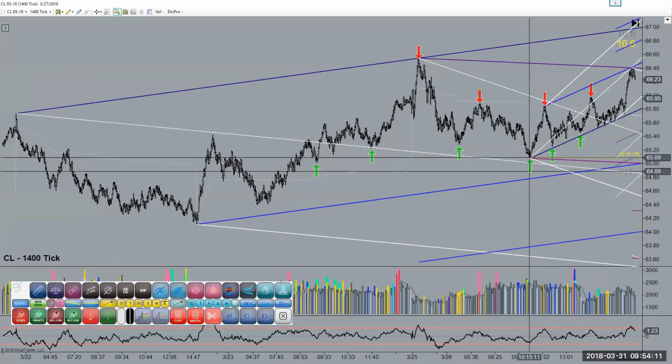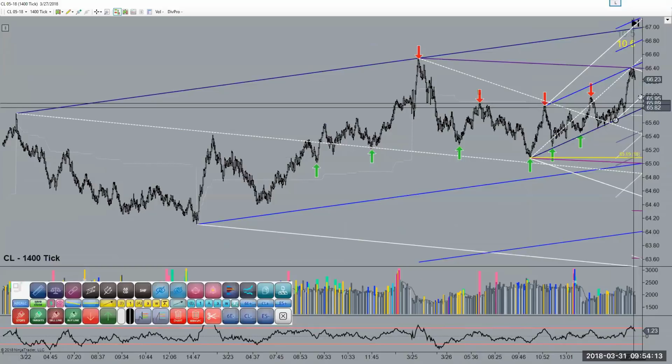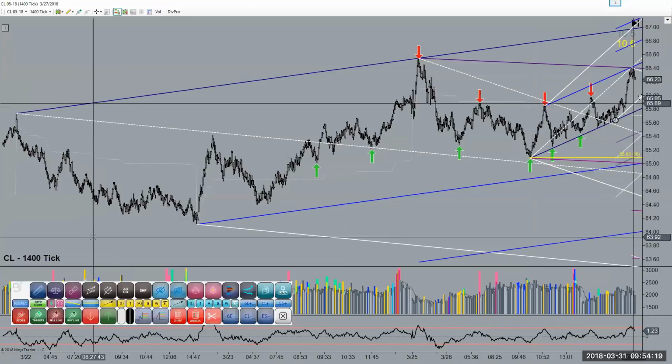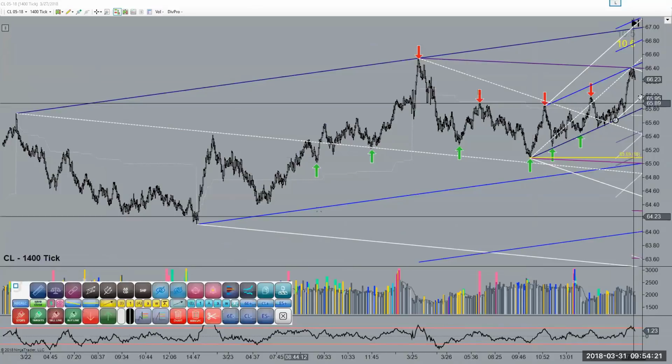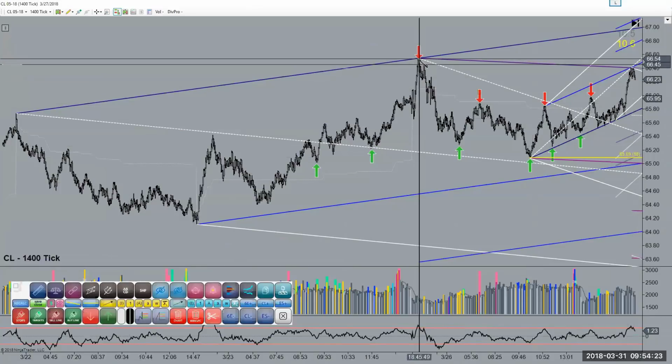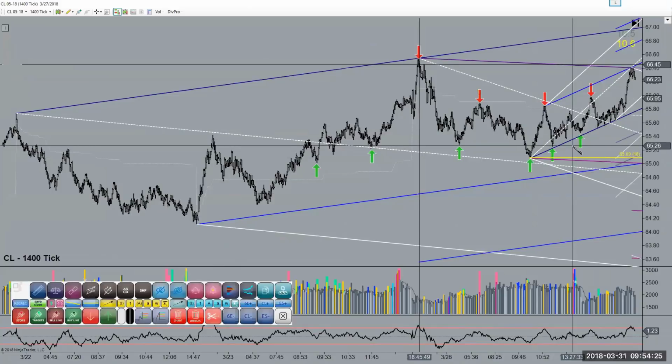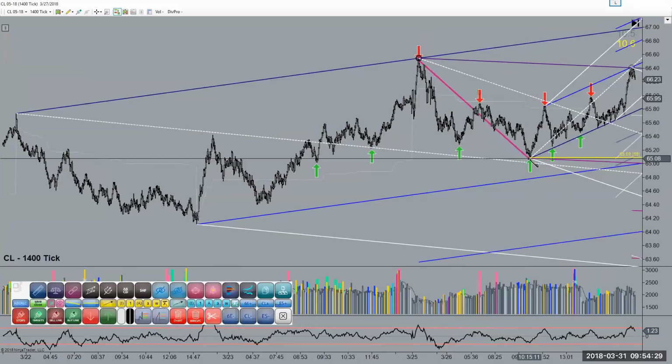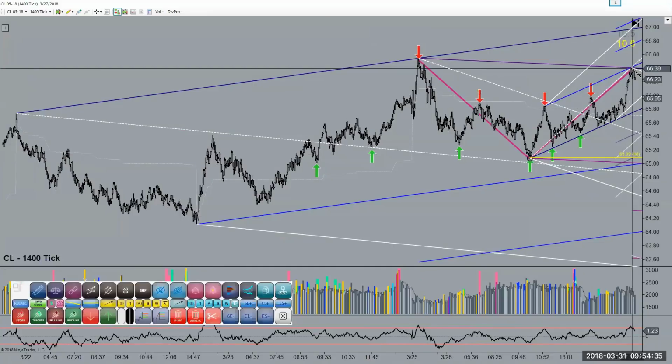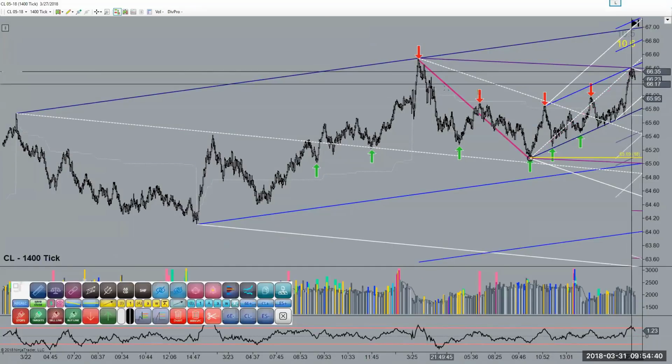My first target, honestly, would not be that lower median line in this case, because I would be looking to go straight down in a C wave. I would be looking to do something similar to what we had right here, right? Because that's what we're doing. When we're talking about corrective waves, if this is an A wave down, and I think that I've just found the end of the B wave, which I do think that I did here, which I just missed it by whatever.